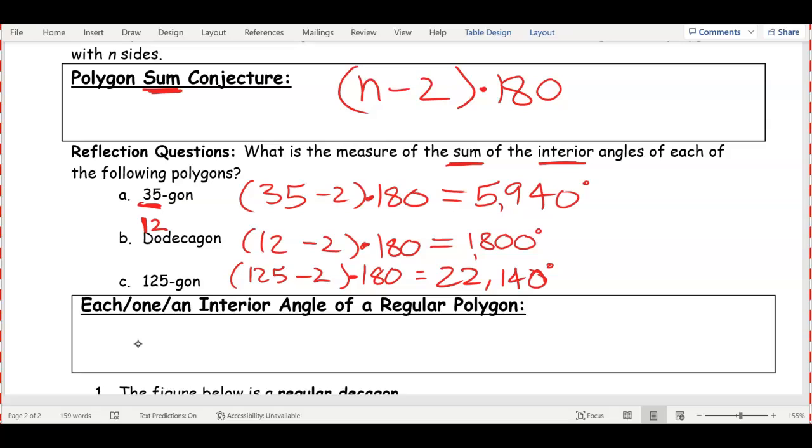What you do is you take this whole sum and divide it by the number of sides, which is n. So if they ask you for one interior, each interior, whatever, you're going to take this divided by n. Let's go ahead and write that down. n minus 2 times 180 divided by n. So everyone's writing this down.